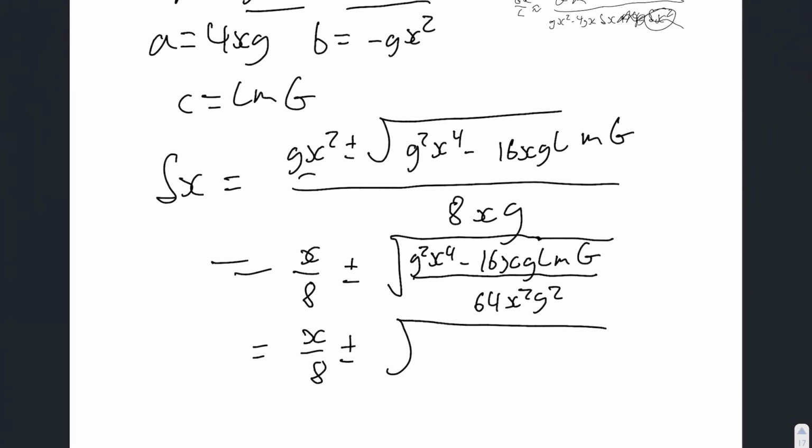In this, g squared cancels with g squared, x to the 4th over x squared. So then we're just left with x squared over 64 minus, in this one here, we can see the 16 and 64 cancel, x squared, g squared. So we're just left with lmg over 4gx.